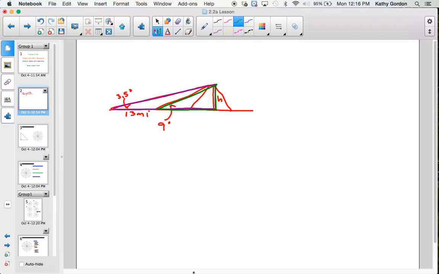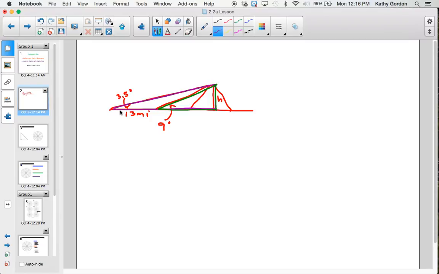So in the purple one, I have this angle. I want to know the opposite side, and I have at least some information of the other leg, the adjacent side. I don't have all of it though.